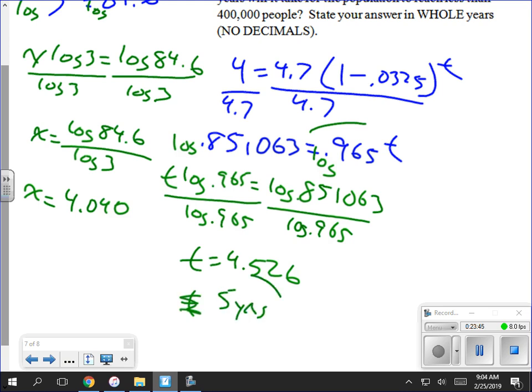In 5 years. It doesn't matter what the number is. Unless you come up with a whole number, you're going to round up. Because if you round down, you're going to be wrong, because at the time you say, it won't be less than 400,000.